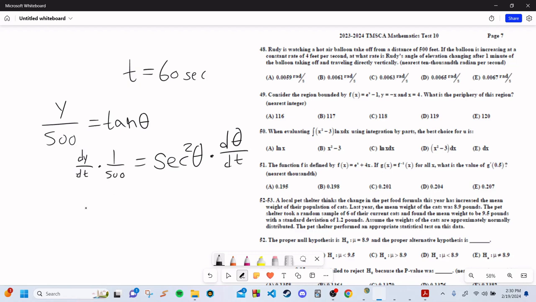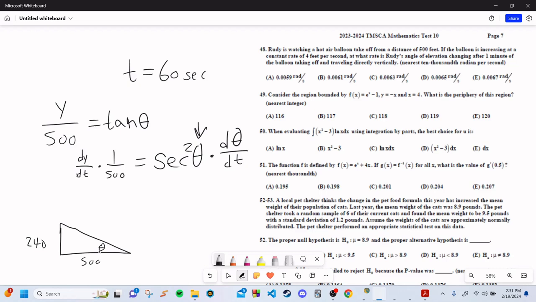Okay, so in order to solve for this, we've got to know what secant squared of theta is, which means we've got to know what theta is. As we said, after 1 minute, it's gone 240 feet up, and Rudy's still 500 feet away.